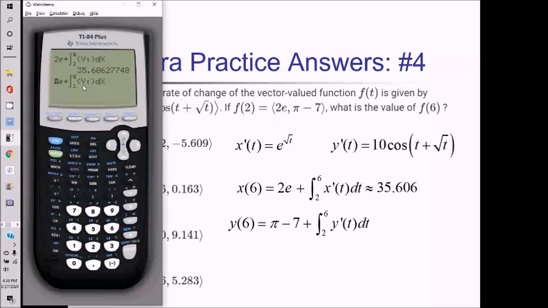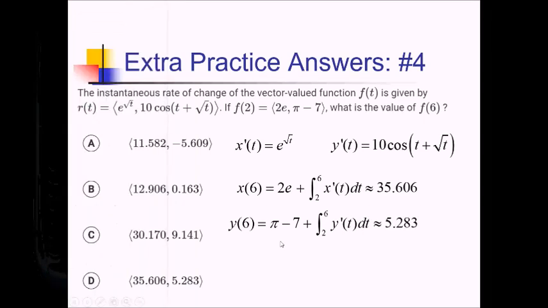So let me see, we got pi minus, and I'm going to have to do a little insert here. Insert 7, there we go. Still have an integral from 2 to 6, but now instead of y2, or y1 rather, I want y2. So alpha trace y2. Press enter on that. And yep, 5.283. So overall then, we have 35.606, comma 5.283, which confirms that we were looking for answer choice D.